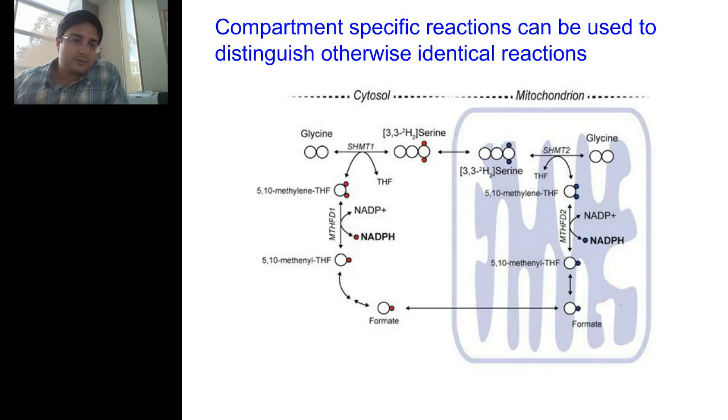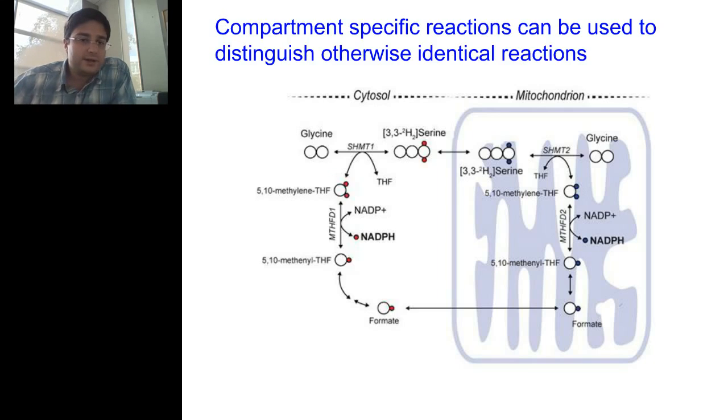Another pathway that's become of great importance, and has garnered a lot of interest in the cancer metabolism community, is folate-mediated one-carbon metabolism, whereby serine and glycine are interconverted and generate one-carbon intermediates, such as 5,10-methylene tetrahydrofolate and 5,10-methenyl tetrahydrofolate.